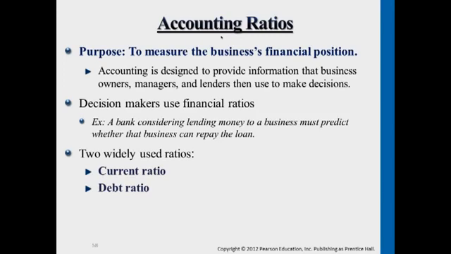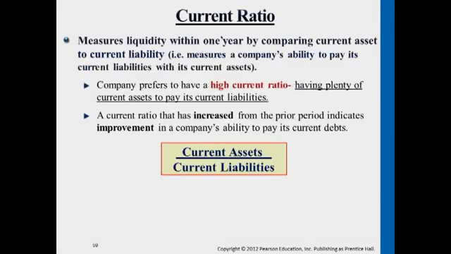Okay, so what the current ratio means: we want to measure the liquidity within a year by comparing current assets over current liabilities. So meaning we want to look at the total value of current assets, add them all together. This includes cash, accounts receivable, supplies, all the short-term assets, then divided by current liabilities.